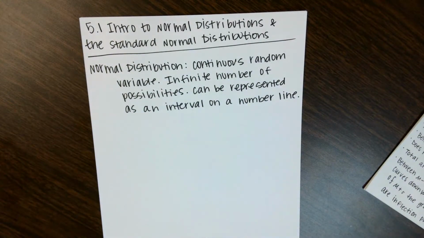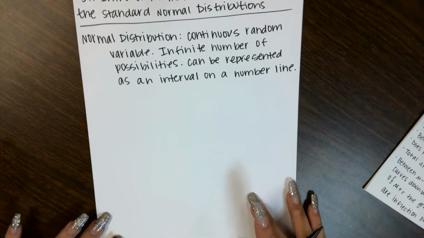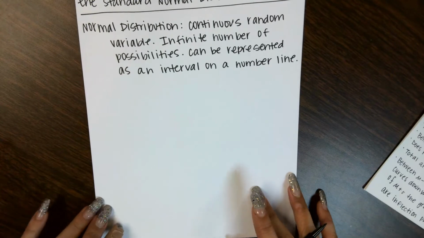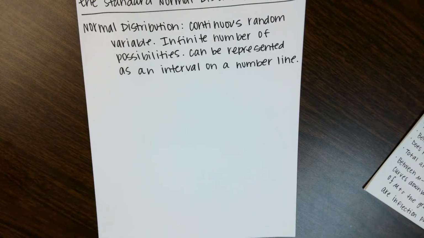I don't know if it's getting blurry or anything for you. It can be represented as an interval on a number line, and it is the most important continuous probability distribution in statistics. Okay.